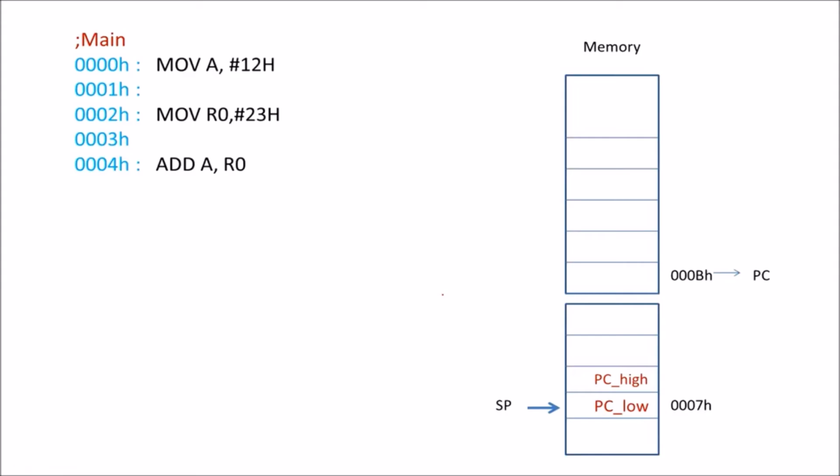Let us understand how microcontroller provides service to interrupts. Suppose this is the main program and three instructions are written in the main program. So microcontroller will execute this instruction, but while executing the instruction, if any interrupt occurs, then microcontroller will complete the execution of instruction first.